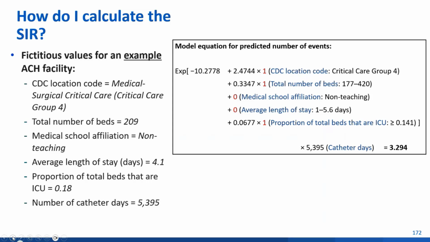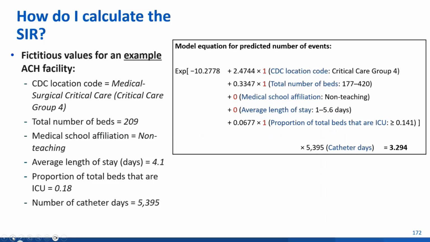Finally, there is a 0.0677 contribution for the greater than or equal to 0.141 level for the proportion of total beds that are ICU. So these values are summed together and we exponentiate the sum using the base of the natural logarithm, or this number e, and this expression exp with the square brackets on the left at the beginning of the equation represents this exponentiation.